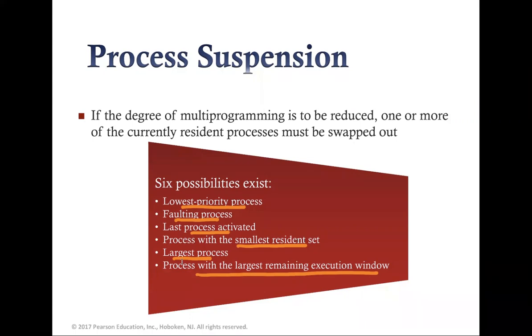This actually approximates shortest processing time, which might be considered related to the first scheduling discipline related to the size of the process. How would you consider this as an efficient strategy? There is no answer for it. So it may be one possible action to suspend or swap out a process just because it has the largest remaining execution window.